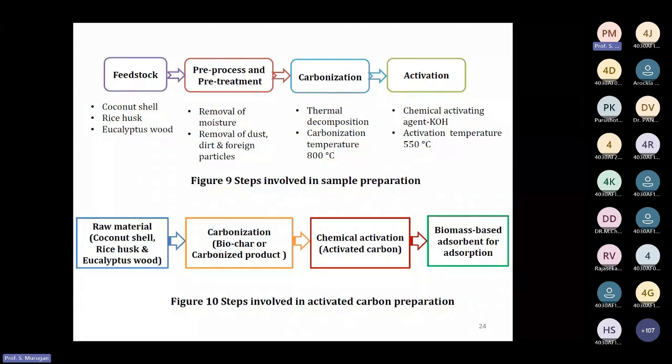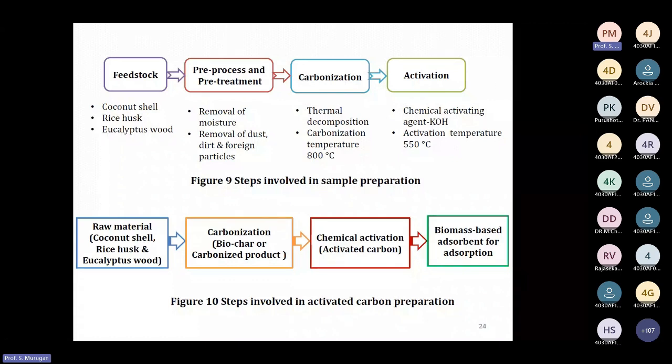After drying the feedstock, then you have to subject the feedstock to the carbonization process. What is carbonization? First, you have to undergo the pyrolysis process, where you will get a solid product called biochar. If you don't have any idea about pyrolysis, you can just read that. Pyrolysis is a thermal decomposition process.